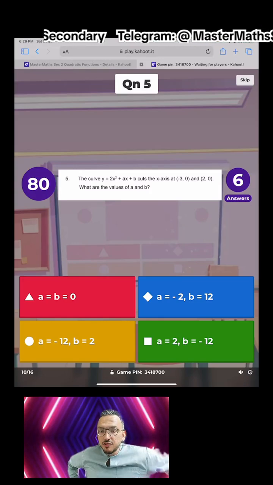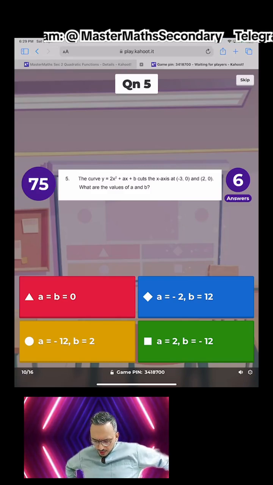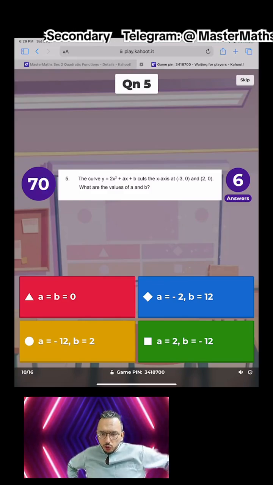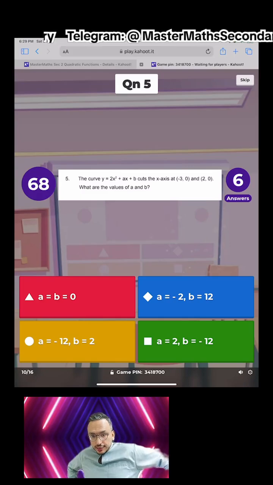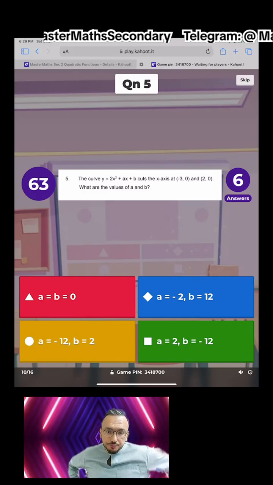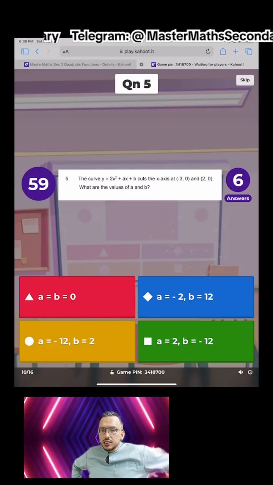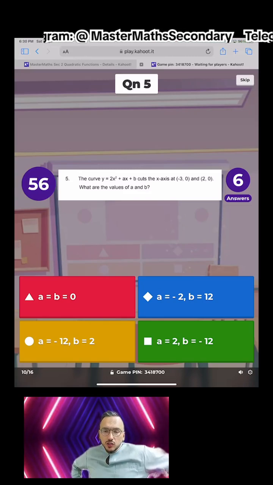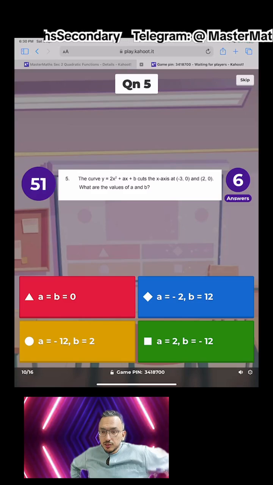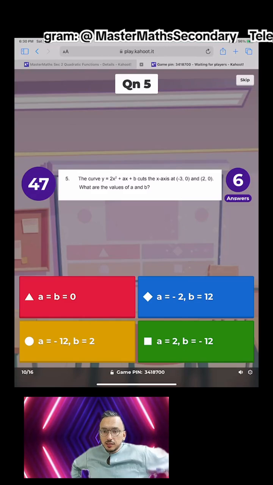One of my least favorite subjects to teach, A Maths. A Maths is very challenging. So for those of you all who are taking A Maths, or those of you all in Sec 2 planning to go Sec 3, think long and hard whether you want to take A Maths or not. Because it's good for you to take A Maths in terms of preparing for the future, because some of these courses require you to have A Maths.